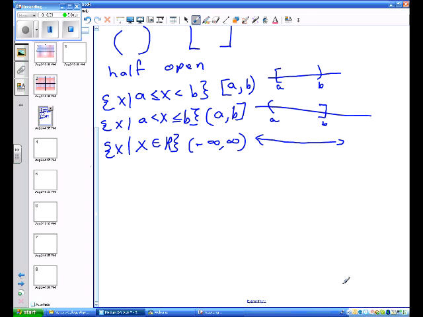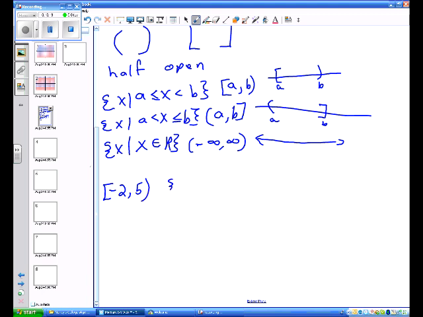So if we wanted to write some specific ones, let's say that we wanted to write the interval. Our solution set was all the values between -2 and 5. We're including -2, but we're not including 5.